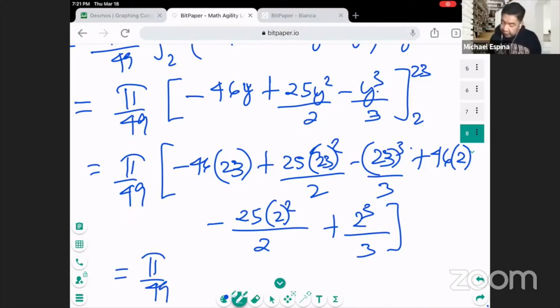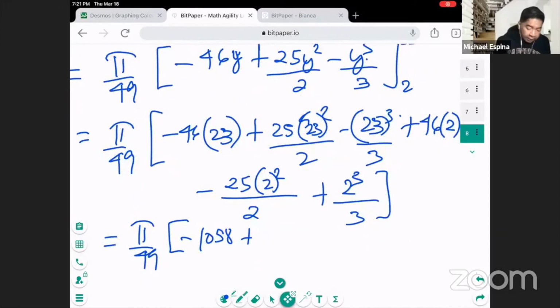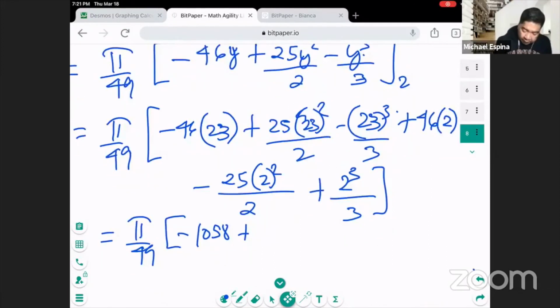Okay, so negative 46 times 23, that is negative 1058, plus 23 squared times 25 divided by 2. So 25 times 23 squared, 13,225 over 2.